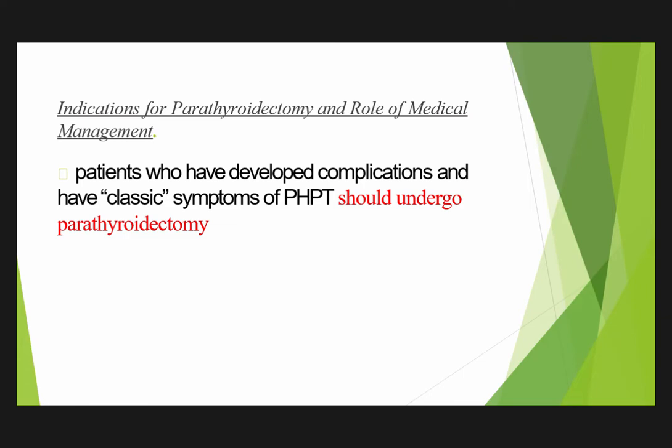People who have complications of hyperparathyroidism and have classic symptoms, kidney stones, bone resorption, mental changes, muscle changes, should have parathyroidectomy. I mean surgeons should perform parathyroidectomy. In short, you see, treatment is much shorter than diagnosis.